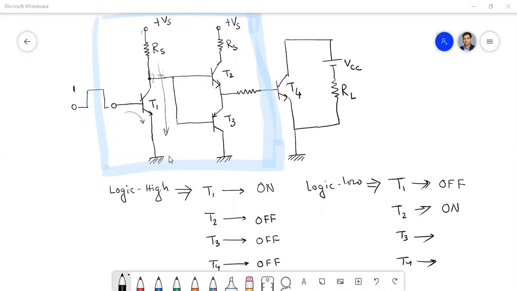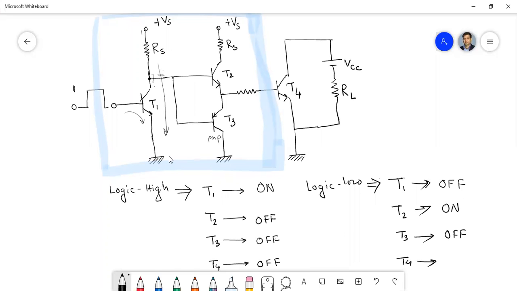Base emitter of T3. Because it's a PNP transistor. So as this junction is reverse biased, it is in the off condition.